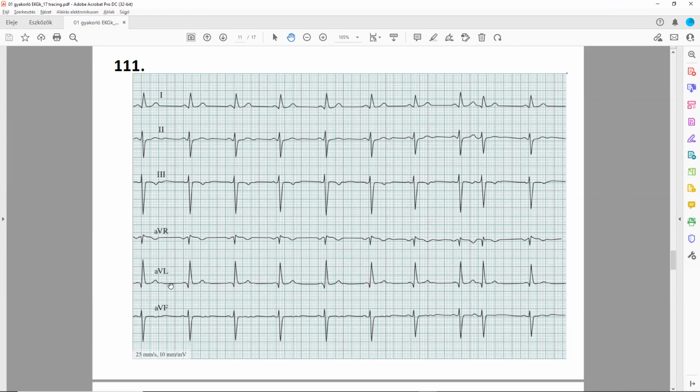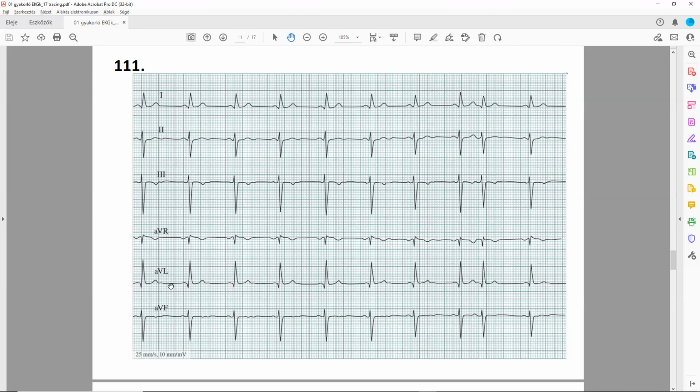Okay. And then if we see the lead AVR is negative, so it's -30 to -60. Exactly. Very good. So that's an extreme left deviation or pathological left deviation.